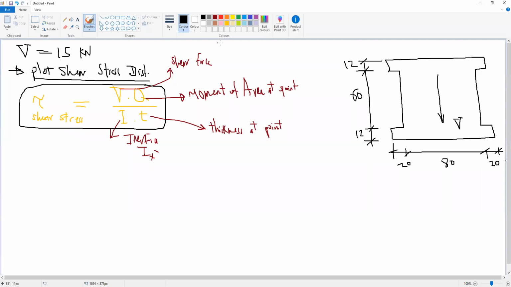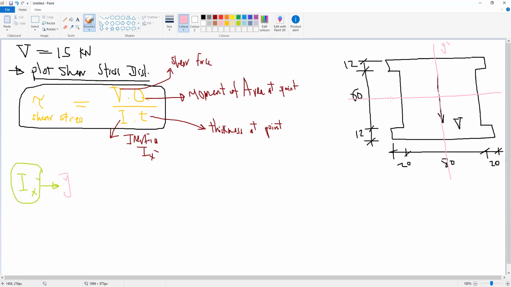Okay, first of all, we will start with I, which is the inertia, I x dash. How can we calculate I x dash for this section? Last week, to find I x dash, we needed to find y bar or the centroid location, y bar and x bar. But here, because this section is symmetric, this is the y dash axis of symmetry, and also x is a symmetry axis.